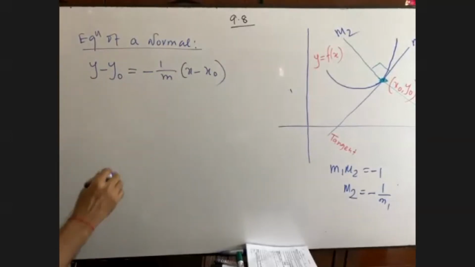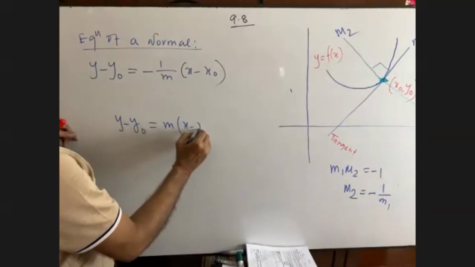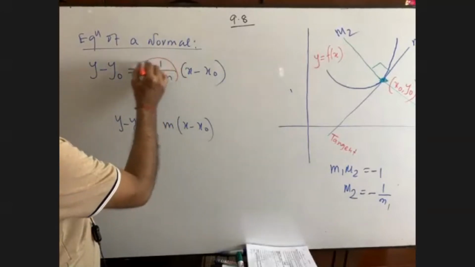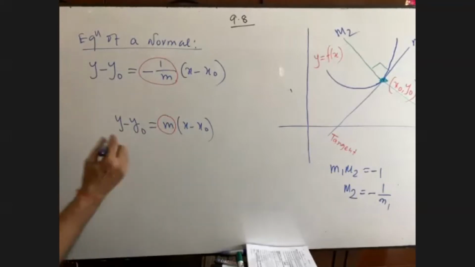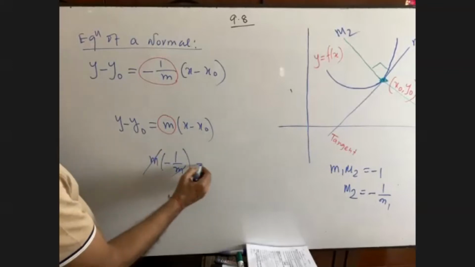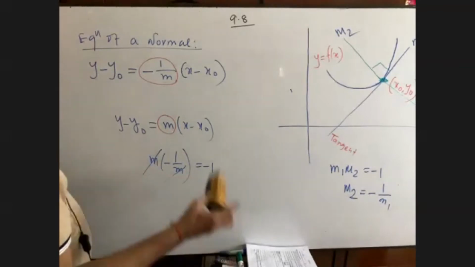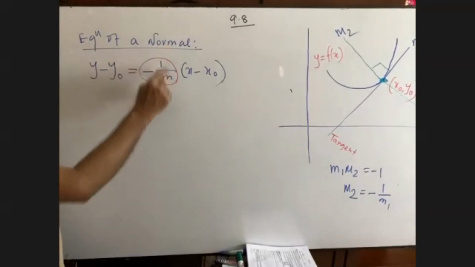For tangent it was y minus y naught equals m into x minus x naught. And for normal, the product of these two will make minus 1. M into minus 1 by m equals minus 1. Have you got it? The product of the slopes will be minus 1. For tangent it is m and for normal it is minus 1 by m.